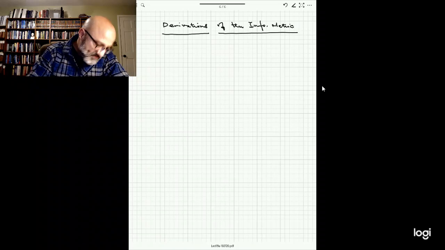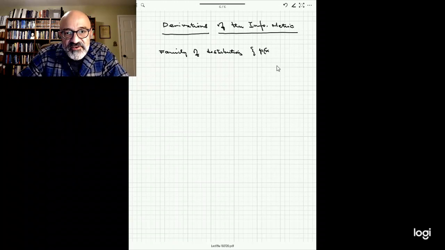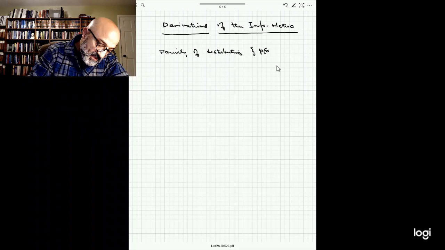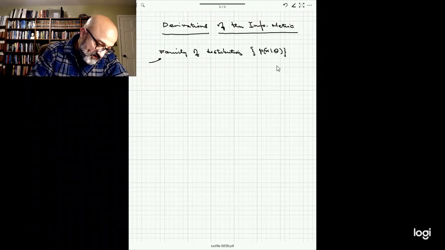Suppose that you have a family of distributions, a probability of x given parameters theta. So that's the family. This is the statistical manifold.